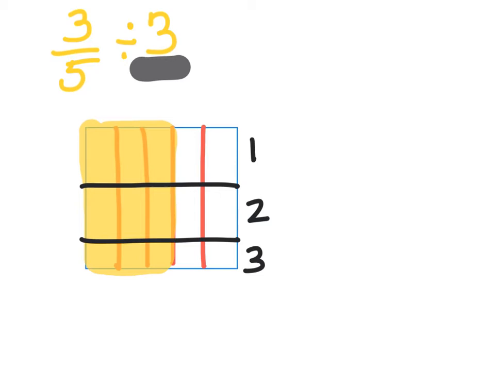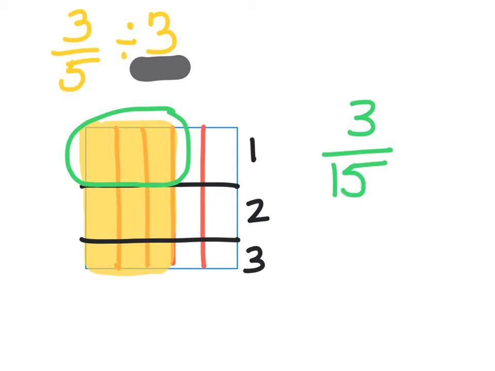The amount that's in 1 row is 3 pieces, and those pieces are 15ths in size. I have 15 total boxes in here, which equals, if I simplify it, 1/5. So 3/5 divided by 3 would be 1/5.